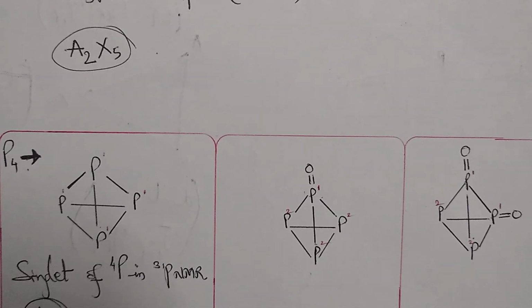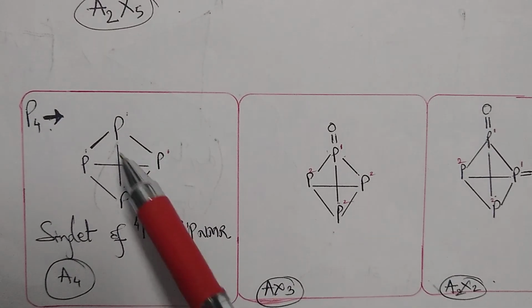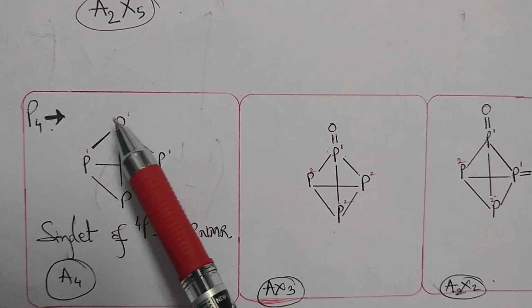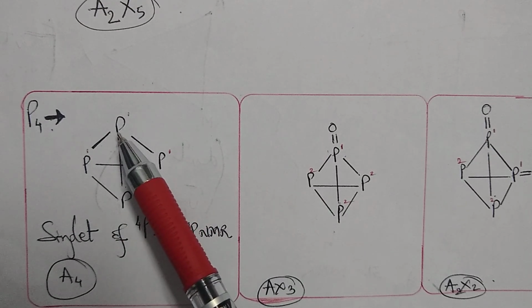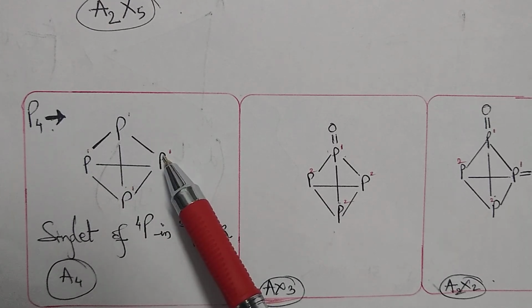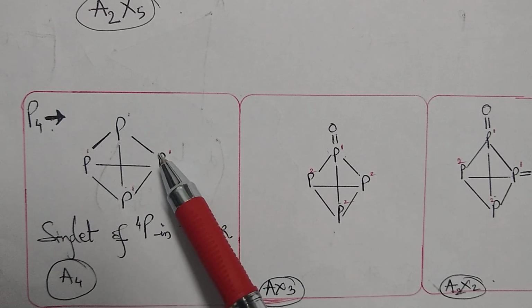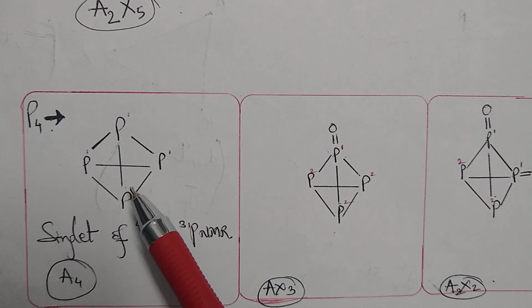Now we can consider another example. We have P4. If we consider this phosphorus over here in the P4 structure, this phosphorus is directly connected to 3 phosphorus atoms. Similarly, this phosphorus is also directly connected to 3 phosphorus.